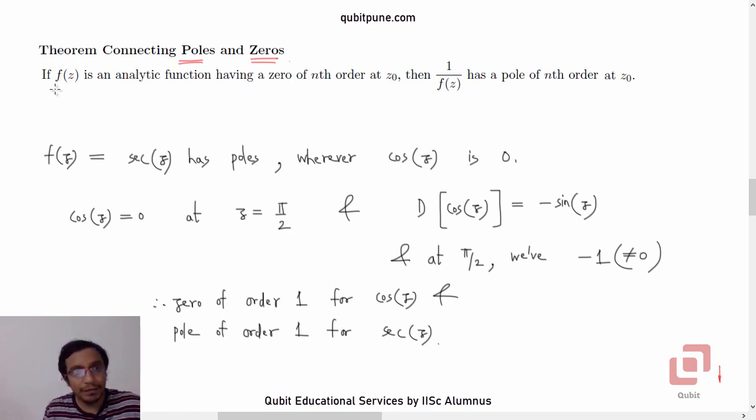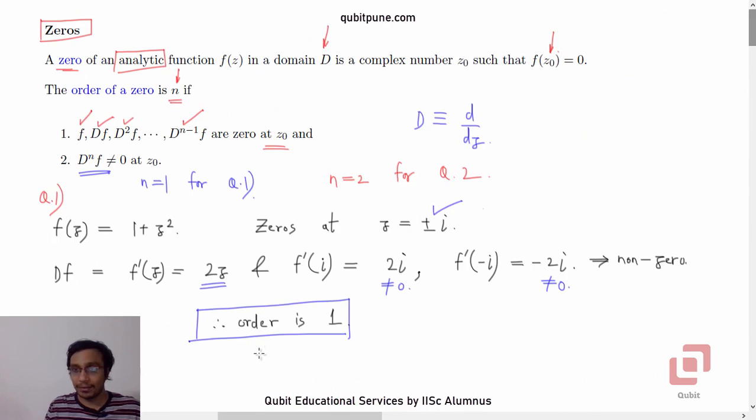The theorem says that if the function f of z is analytic and if it has a zero of nth order at z0, then 1 over f of z has a pole or an isolated singularity of the same order at z0. So here you should recall what we mean by a pole of nth order.